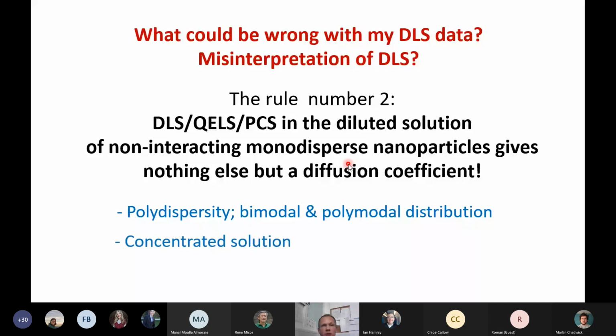It's also possible that the concentration of your proteins is very high, and you can no longer regard the solution as diluted. And your particles, your proteins, your emulsions could be charged. The charges also bring additional difficulty to the interpretation of dynamic light scattering.